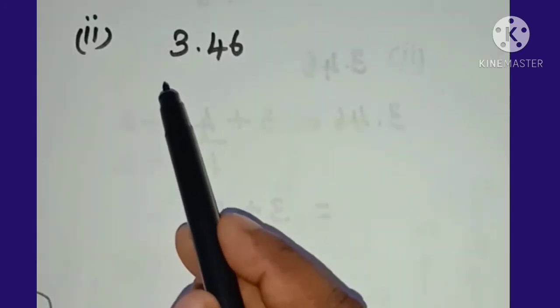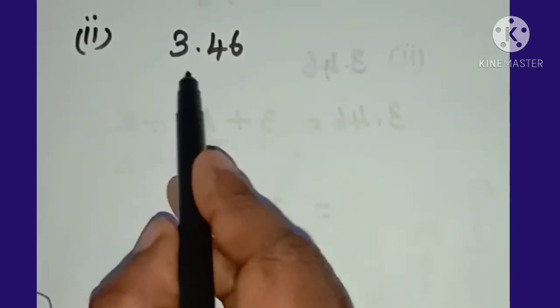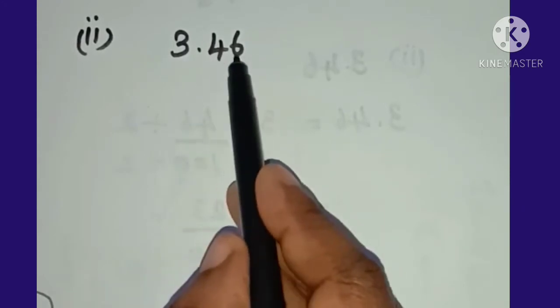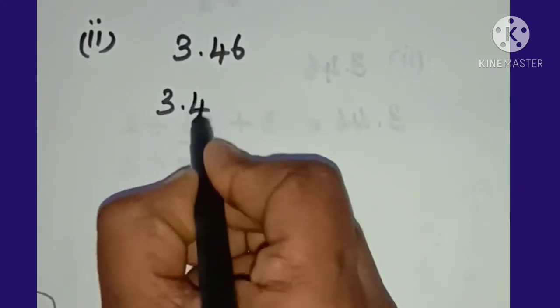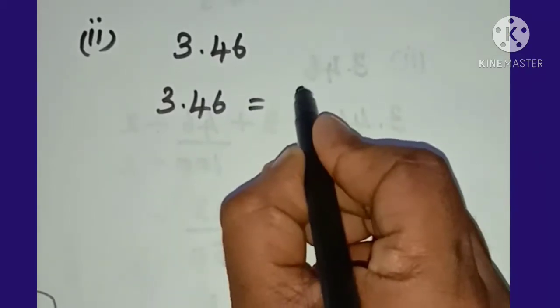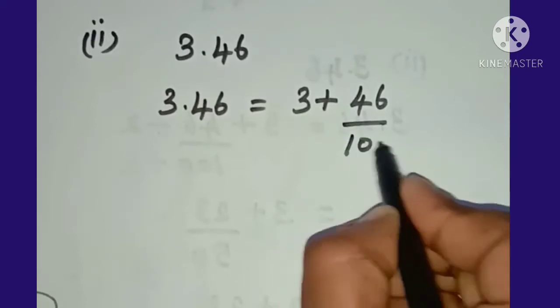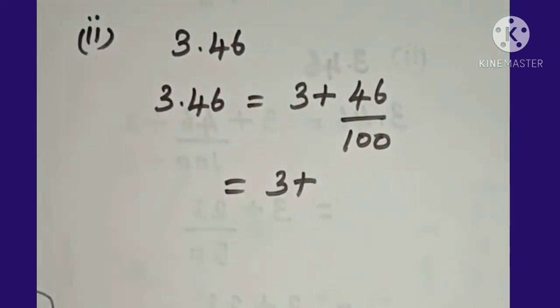Students, converting the given decimal number into a simplest fraction. This decimal number can be read as 3 and 46 hundredths. That is, 3.46 can be written as 3 and 46 hundredths, and here 3 plus 46 by 100.